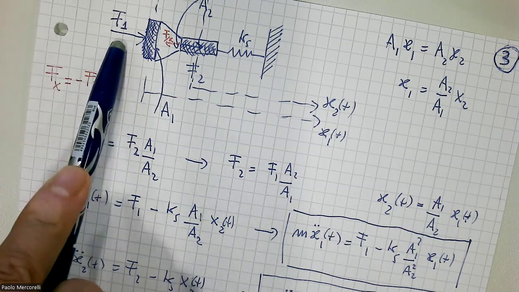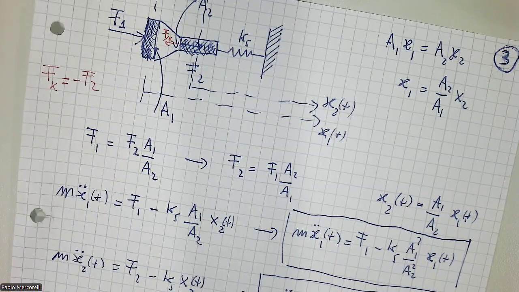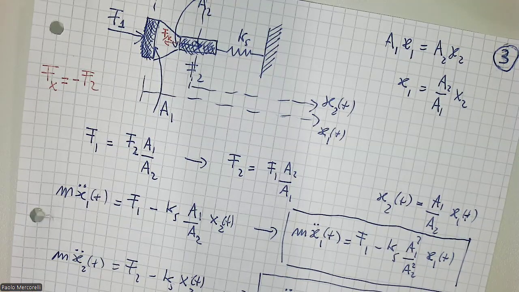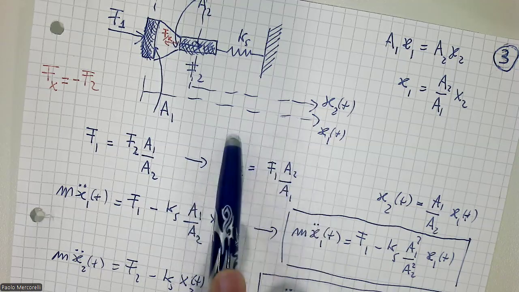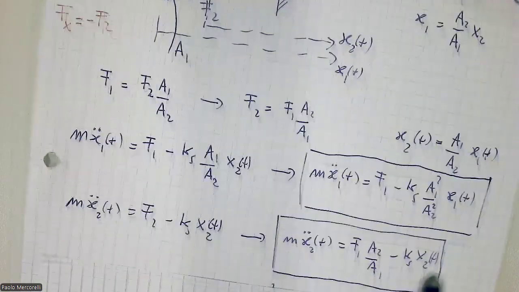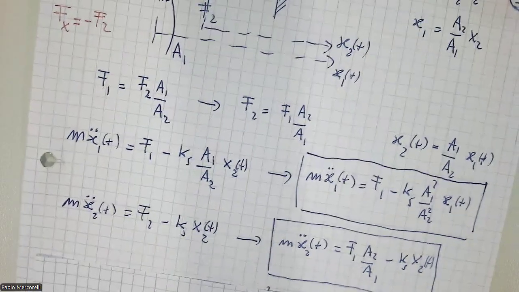But the force F1 is the force which comes from an external structure, typically a linear motor, which we have seen until now, but it could also be a piezo system and so on. But we have this expression here ready. This is the dynamic of x2 as a function of F1, which is our external input.